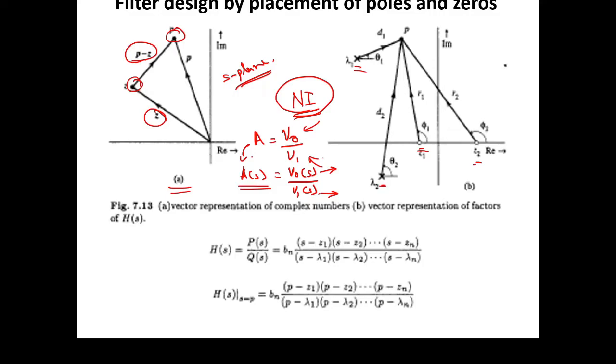It will be something in this fashion: (s minus VA) multiplied by (s minus VB) in the numerator, and over here (s minus V dash A) into (s minus V dash B), for example. We can get the polynomials in this fashion.